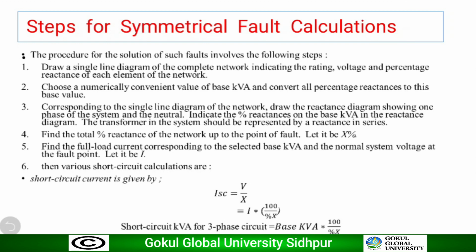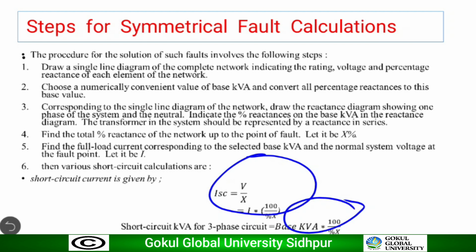Let it be I. The various short circuit calculations are as follows. Using this equation, I short circuit is equal to I into 100 by percentage X, we can find the short circuit current, and short circuit kVA is equal to base kVA into 100 by percentage X. From these two equations we can find the short circuit current and short circuit kVA for a three phase circuit.